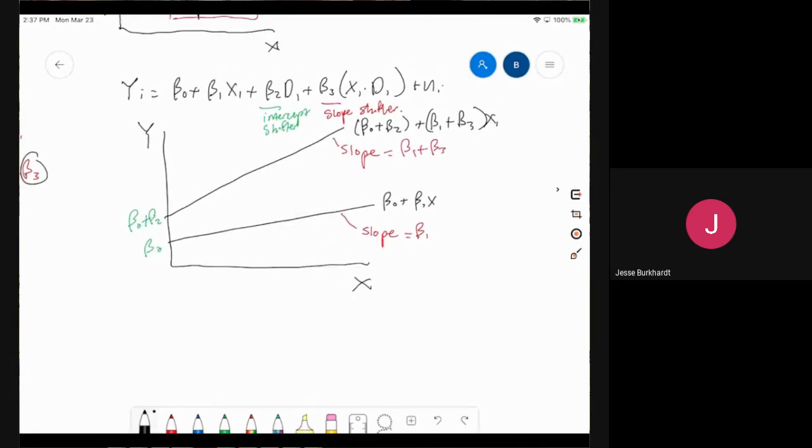So now, not only does the intercept depend on the dummy variable, but the slope depends on the dummy variable as well. If this were our years of experience and college education example, then if x is experience, an additional year of experience increases your earnings.